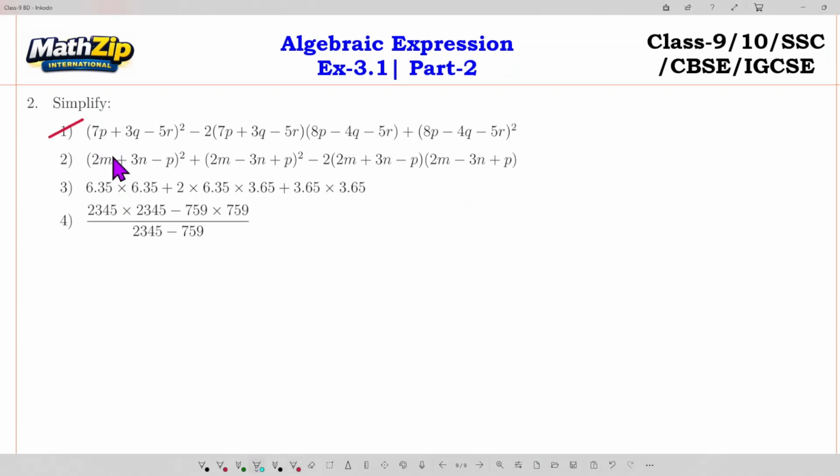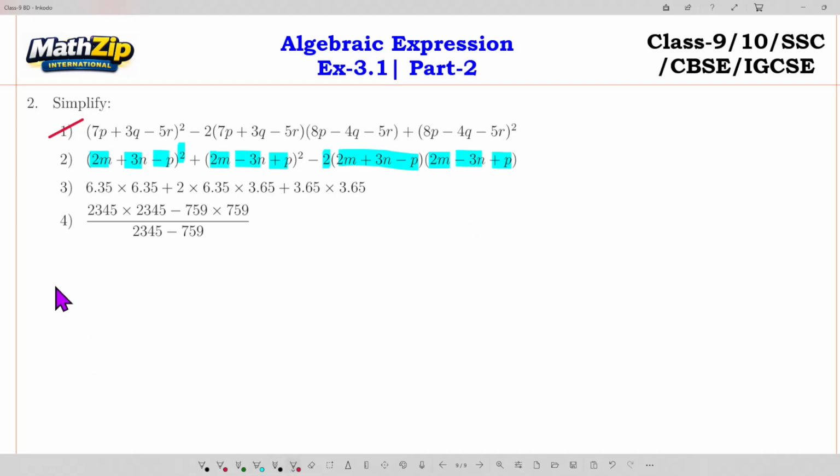Question 2 is also a similar thing. Here is (2m + 3n − p) whole square, then (2m − 3n + p) whole square, and minus 2 times (2m + 3n − p) times (2m − 3n + p).